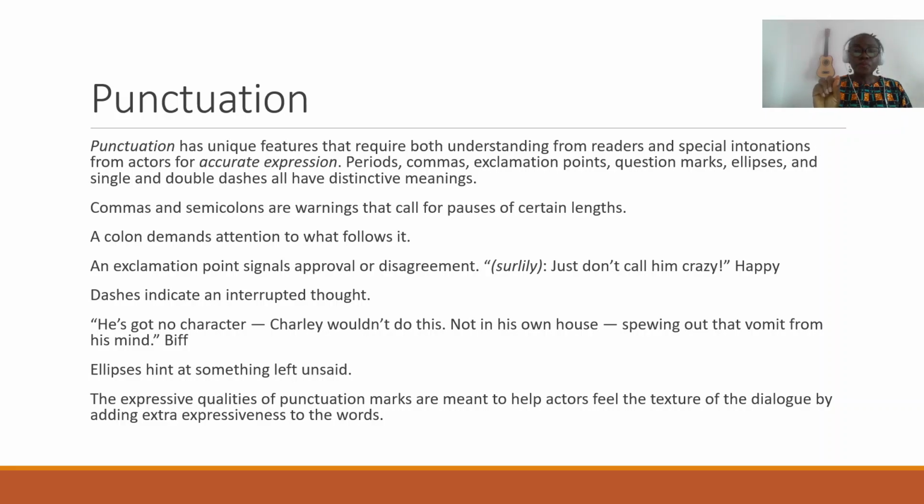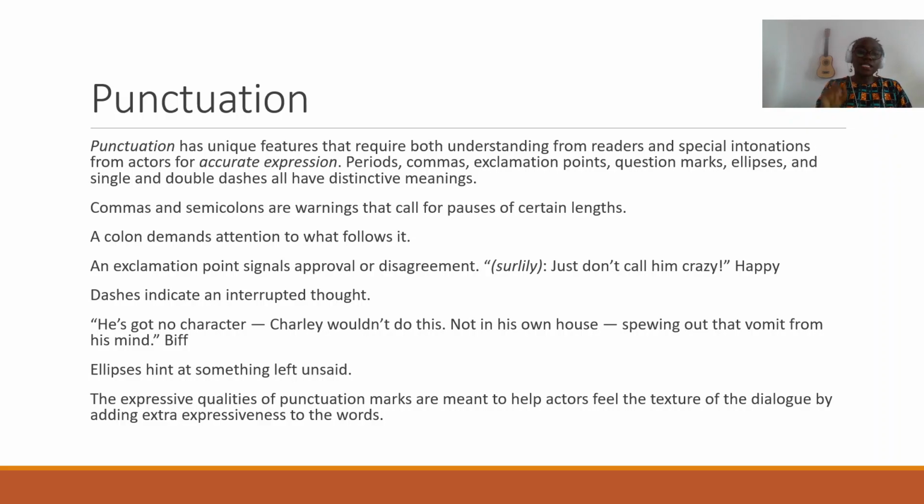And then there is that dash also that says that there's an interruption, spewing out that vomit from his mind. So when you see a dash, it shows an interrupted thought, which signals you to take a detour with the next line.